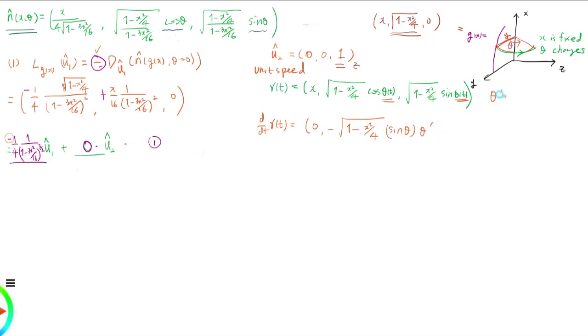Here I denote theta prime as the t derivative of theta of t, and the derivative of cosine is minus sine. So I do the same thing for the z coordinate. I have cosine theta times theta prime here.